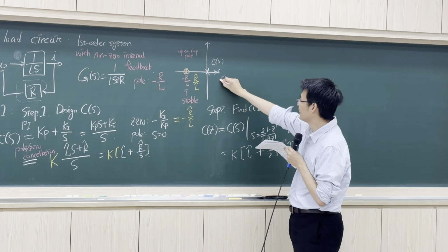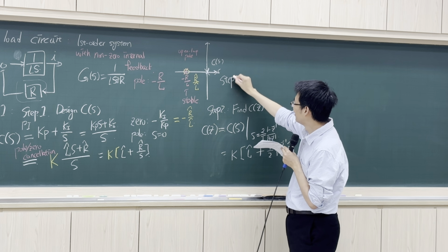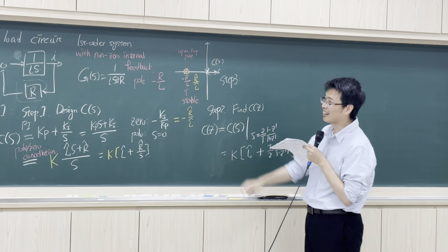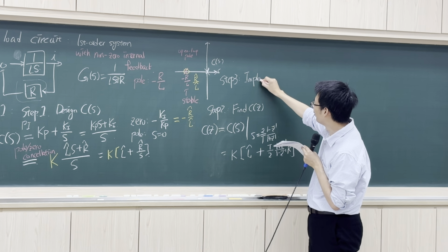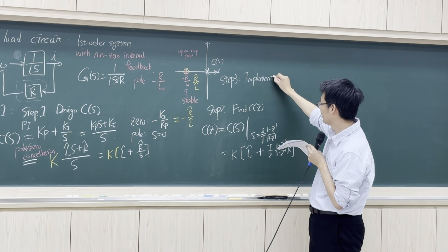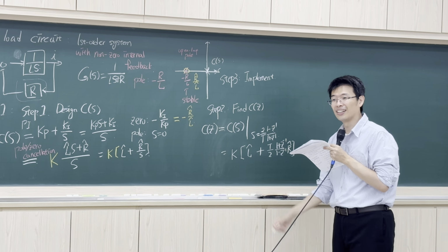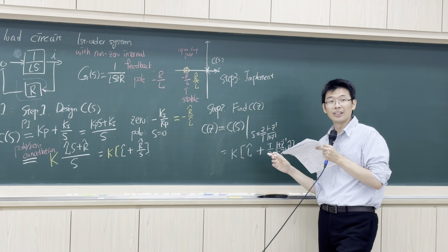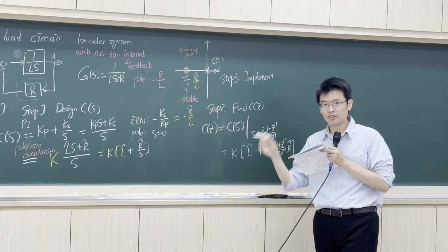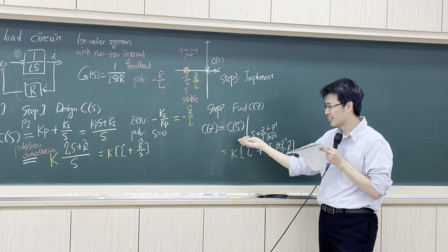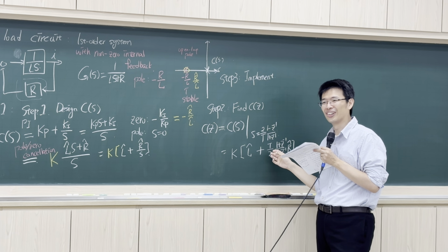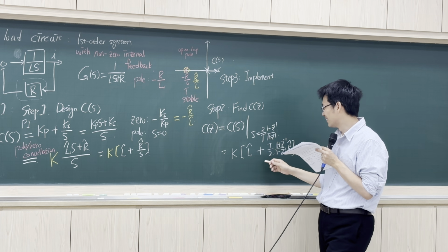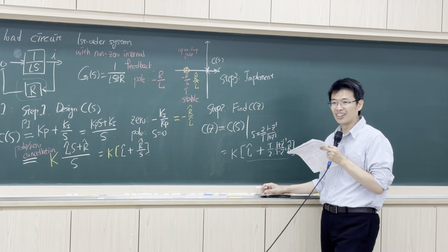Step number 3 is implementation in the computer. If you want to implement this controller, you have to convert it. The Z function is a usable tool for us to design a closed loop controller like this. You don't need to do the convolution, and you can easily analyze the stability.